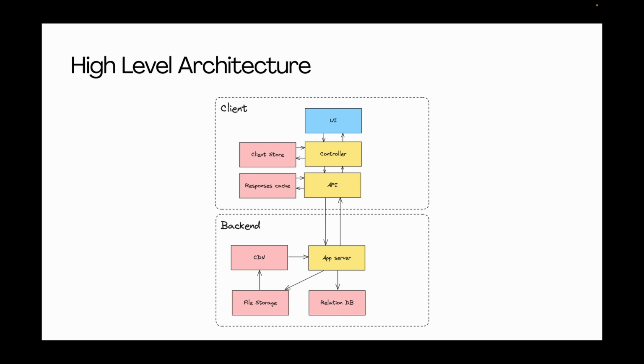Responses cache is a store for server responses. In two words, client store saves client-only mutable data, whereas responses cache is usually immutable and is used for saving responses from the server.